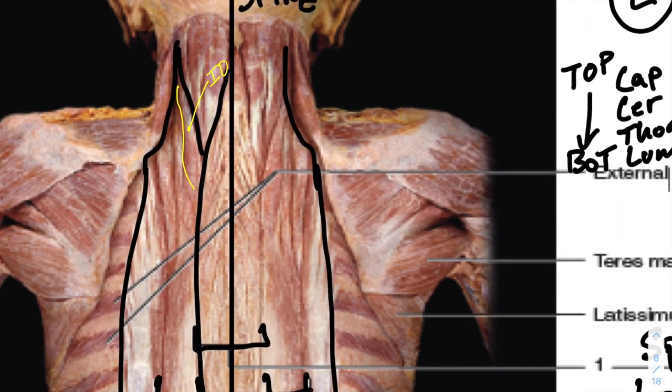Now, you've got to see which way it's going. Let me remove all of this junk. What can you see? It's going out laterally, right? It doesn't seem to be connecting to the top of the head here. So this is a different muscle group. Don't confuse it with that.